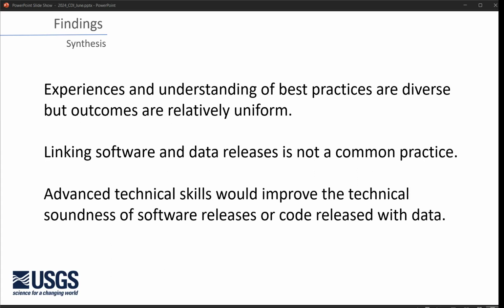A final key point is that advanced technical skills would improve the technical soundness of software releases or situations where code are released with data. This could be achieved through multiple pathways, such as enhanced collaboration between skill sets or establishing a dedicated team of reviewers who have the technical expertise.